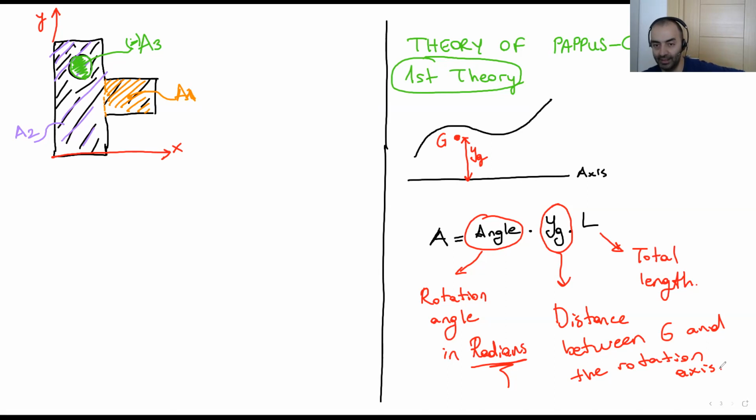If I rotate this line or wire, whatever, 360 degrees around this given axis, what is the angle in this equation? 2 pi. Yes, 2 pi. Let me write it. Degrees, you know, 2 pi.